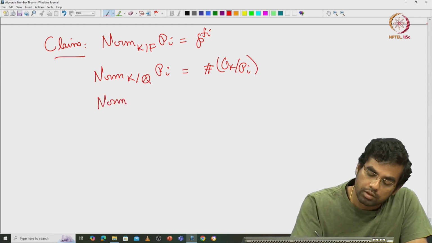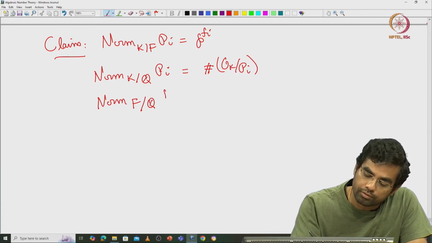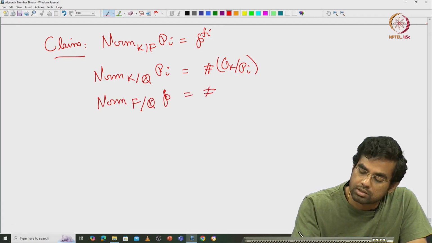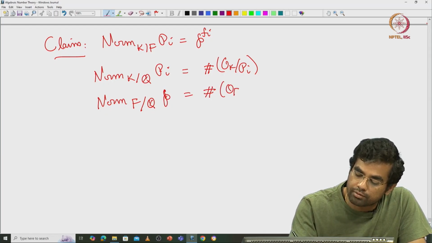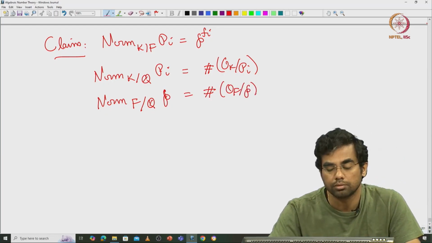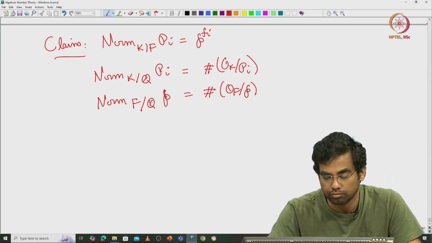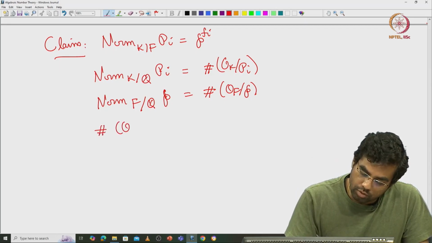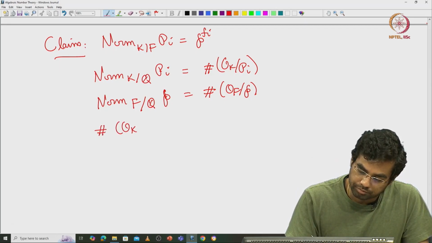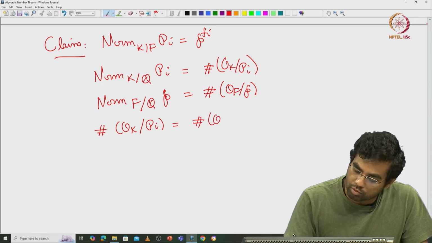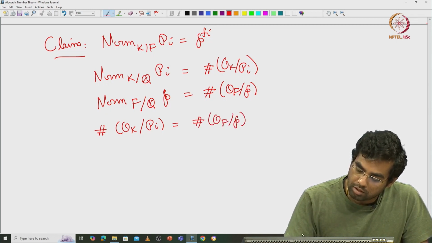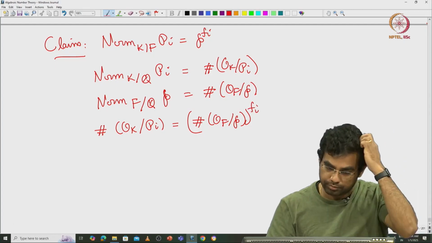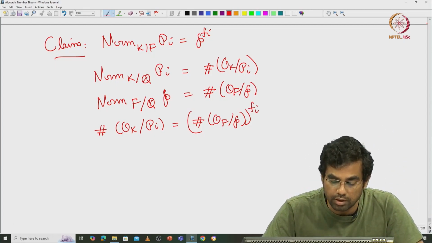Now, the norm from F to Q of small p is the number of elements in O_F mod P. But the number of elements in O_K mod P_i is equal to the number of elements in O_F mod P, whole to the power f_i.